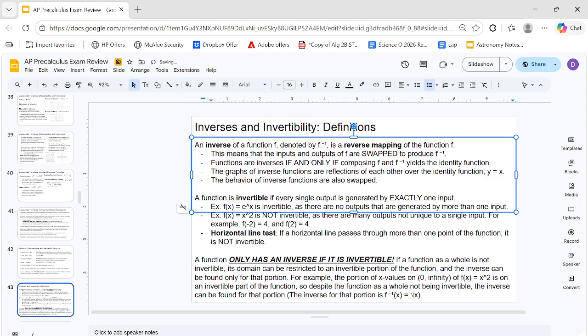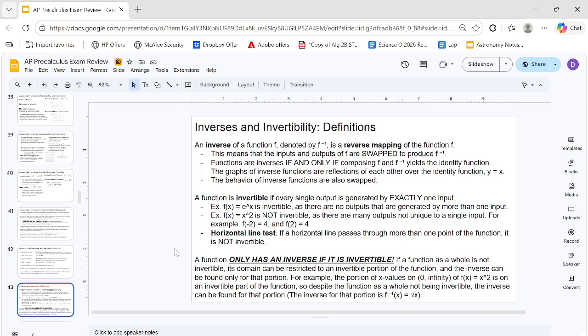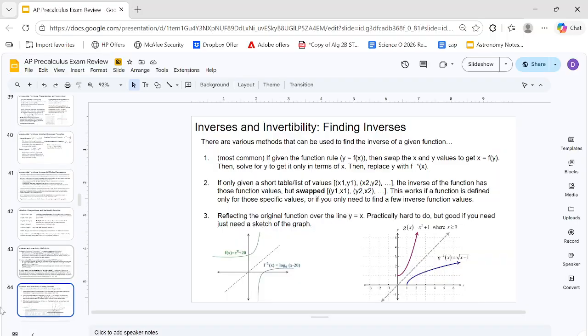So yeah, a function only has an inverse if it's invertible, and the domain can be restricted. Like for example, for x squared, you can restrict its domain from 0 to infinity on the invertible portion, and the inverse would be square root of x. So if a function isn't invertible, you can restrict its domain to get an invertible portion.